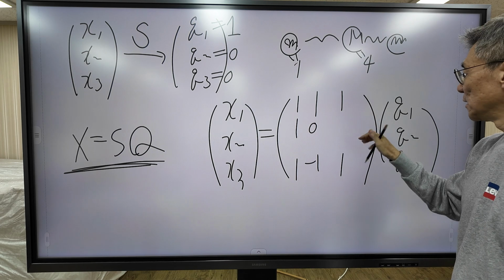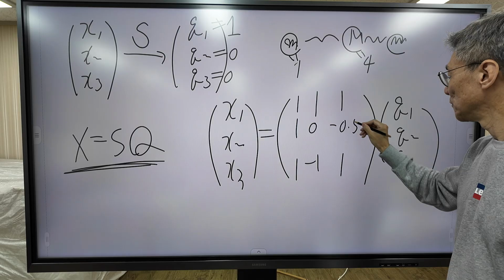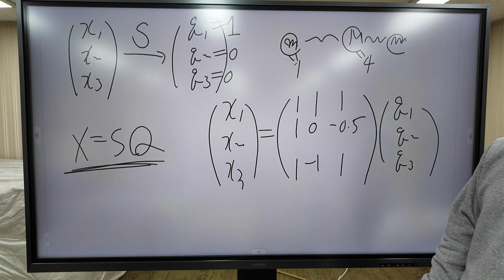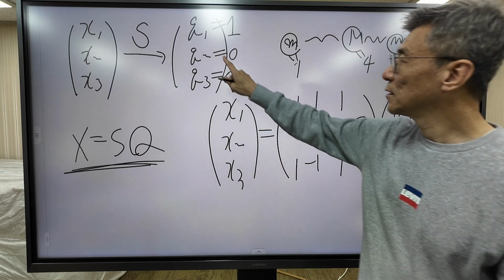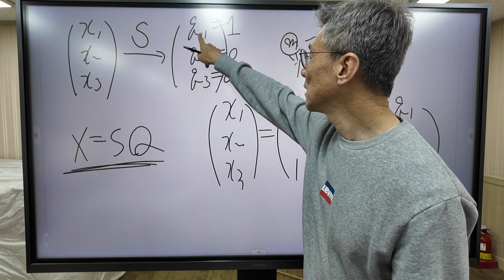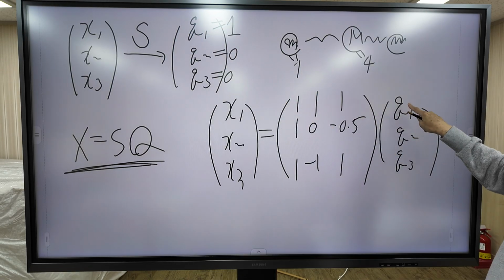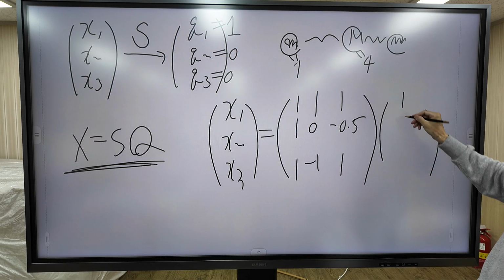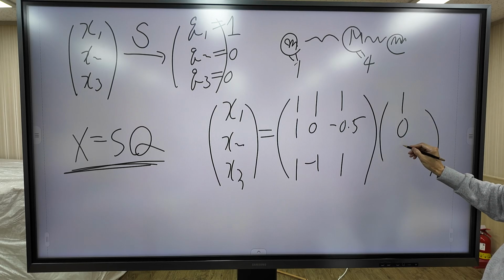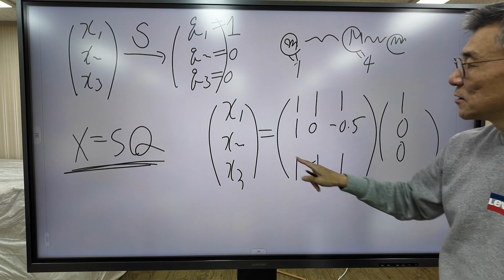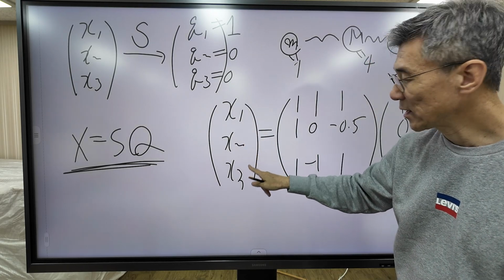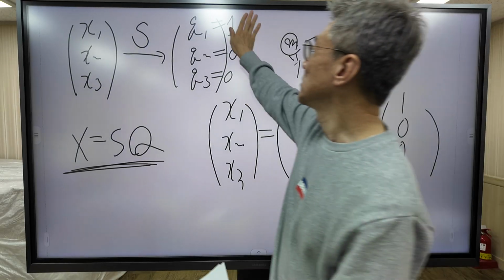So this is minus 0.5. This is our example. To fully understand the physical meaning of Q1, I'm going to set Q1 equal to 1, Q2 equal to 0, and Q3 equal to 0. Then what are X1, X2, X3? This is our question.